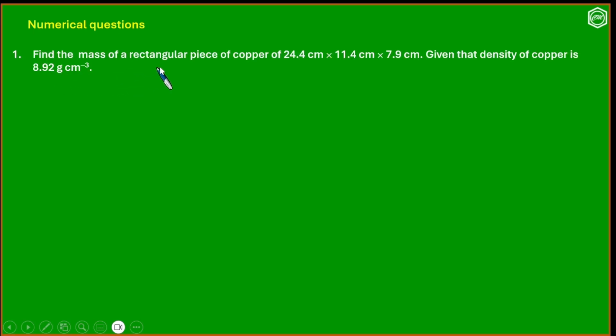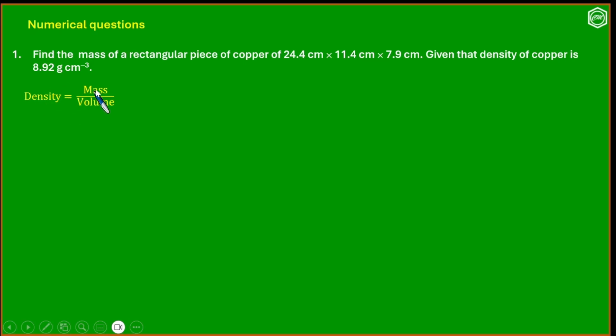Next we consider numerical questions. Question 1. Find the mass of a rectangular piece of copper of 24.4 centimeter into 11.4 centimeter into 7.9 centimeter. Given that the density of copper is 8.92 gram per centimeter cube. So first we have to find out the volume, and then we can calculate mass from the given density.